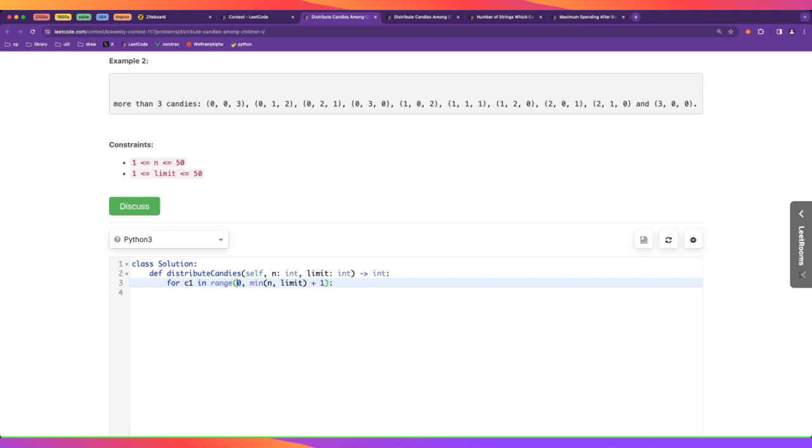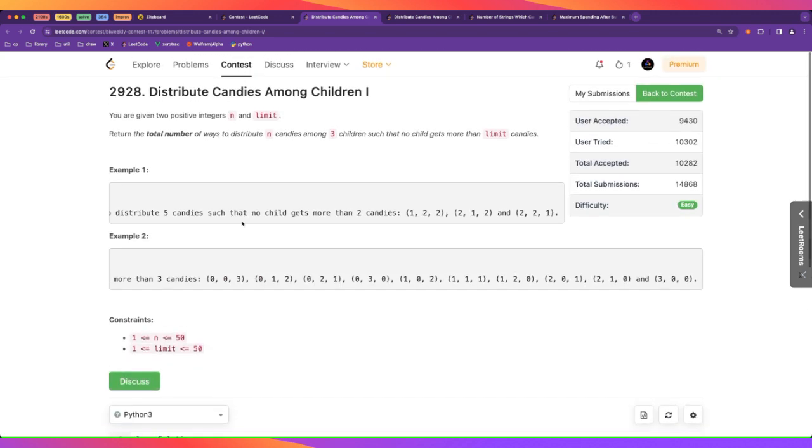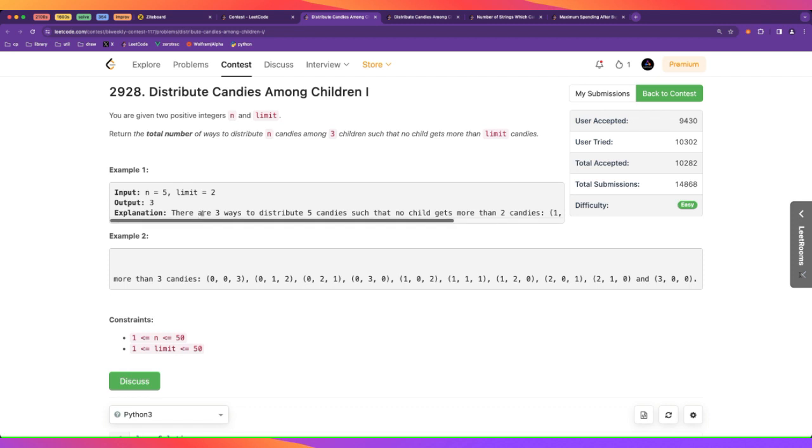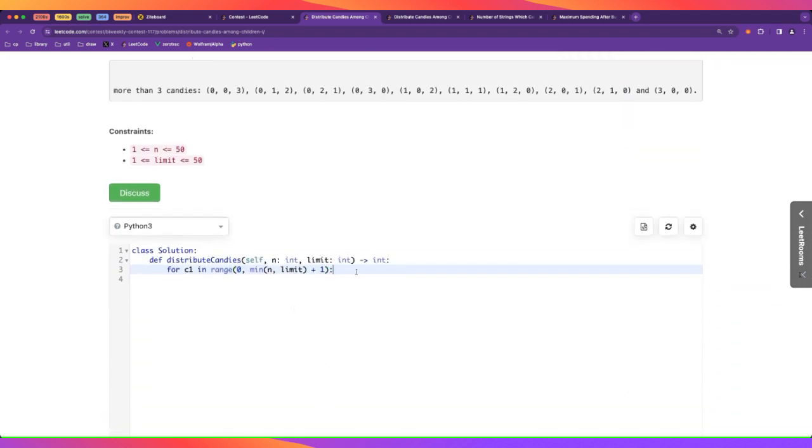Here, 0 to the first child is not an option, because then we are left with 5, and that means we will exceed the limit of the other 2. If we can give up to 2 to each, that adds up to 4, but we have 5 to give them.